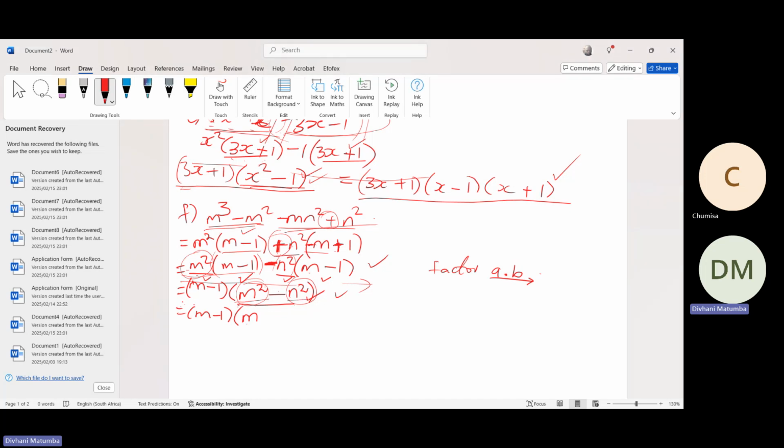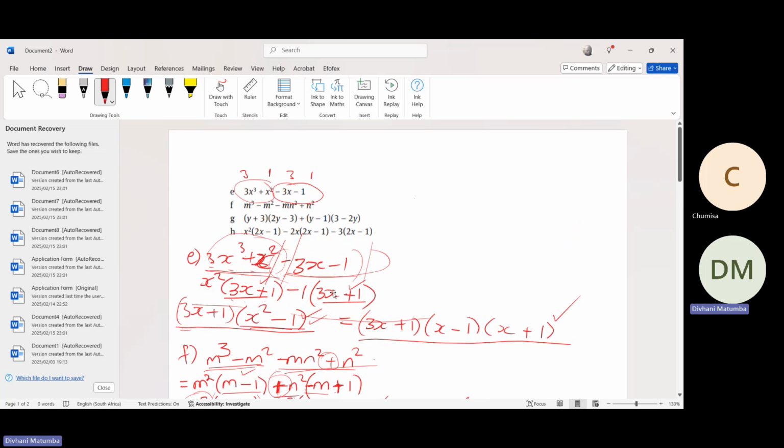Then the square root of n? It is n. Perfect. Two square roots. I'm just going to write the same thing. Okay, now how do I place the signs, Kumis? Plus and minus, sir. Perfect. Now it is fully factorized.